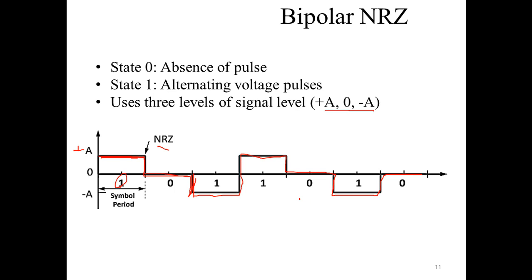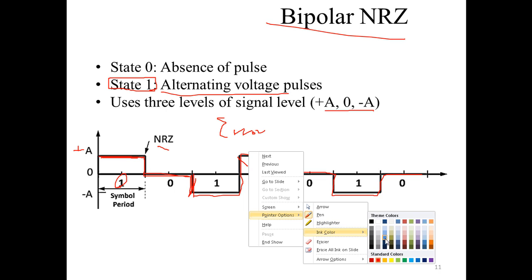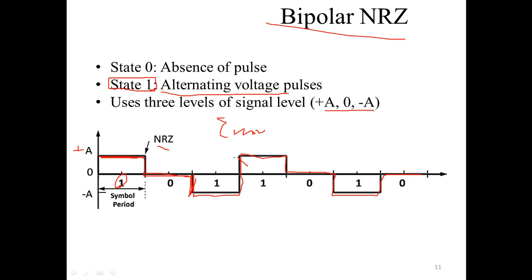And this is the benefit of using alternating voltage pulses for one, and it is very convenient and easier in terms of error detection. If you know that the transmitter is sending bipolar AMI, and due to error you receive, instead of this thing, you get this thing.